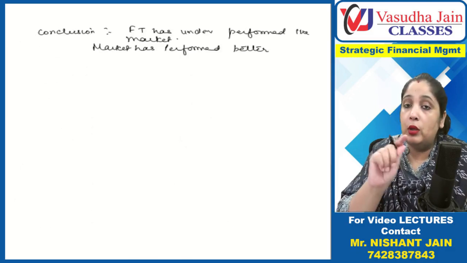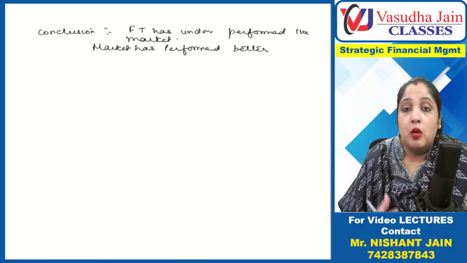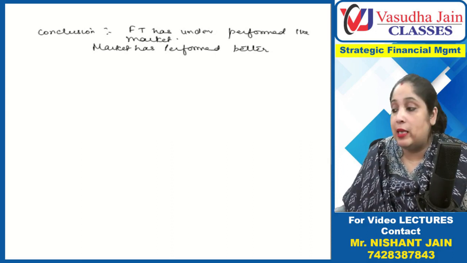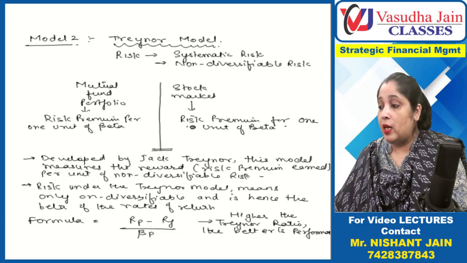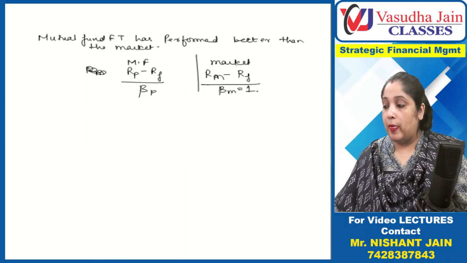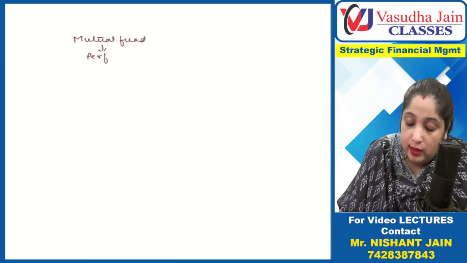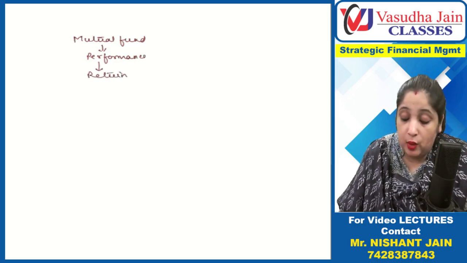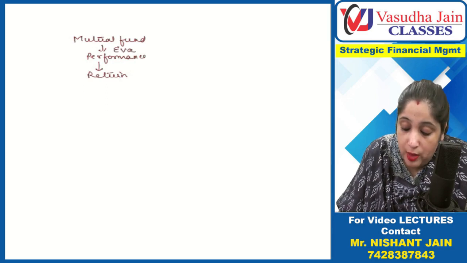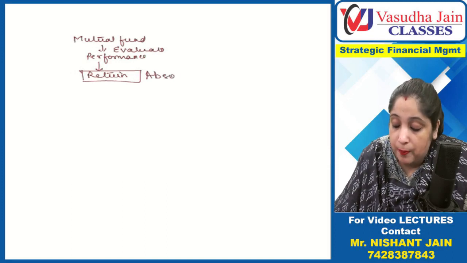But neither model has talked about how much return we are getting. Mutual fund performance is not evaluated on the basis of return. Now in the next model, we are going to evaluate the performance of the mutual fund on the basis of absolute return percentage.